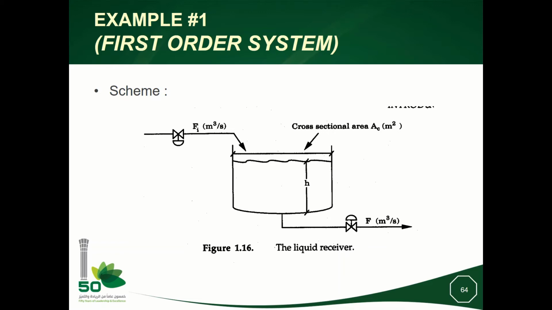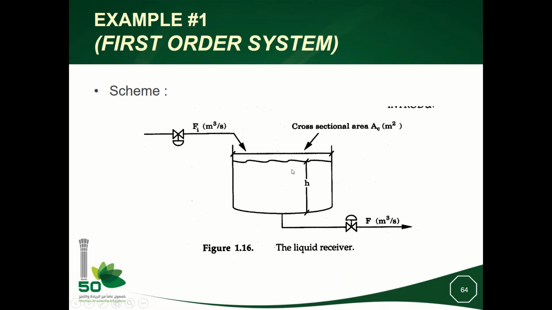We start first with these process systems, which is composed of a simple tank with a valve at the entry. So we have an input here. We have a flow Fi, the flow of the input, measured in meter cube over second. So it is a volumetric flow.